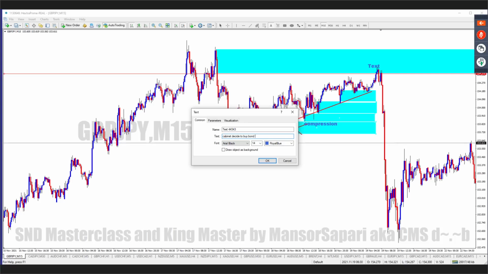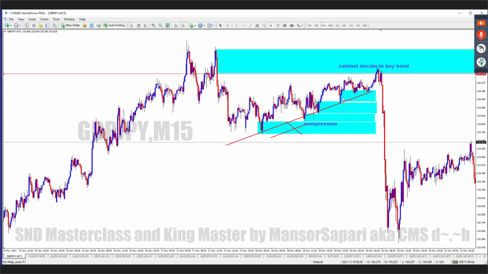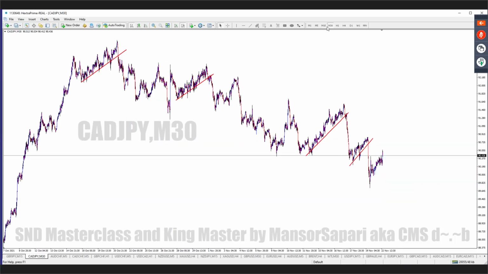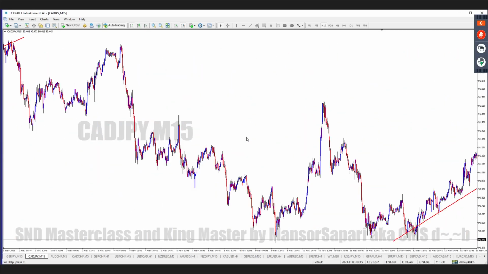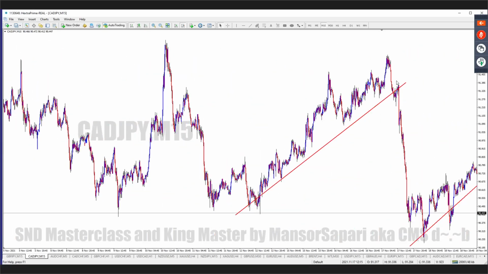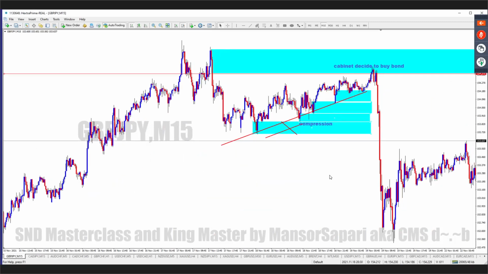So investors all buy Japanese yen. When they buy Japanese yen, all the Japanese yen pairs go down, like GJ, like UJ, like CAD JPY. This is all compression. Compression is going straight down, going straight down. But GJ is clearer, so I just chose this GJ as one of the examples.